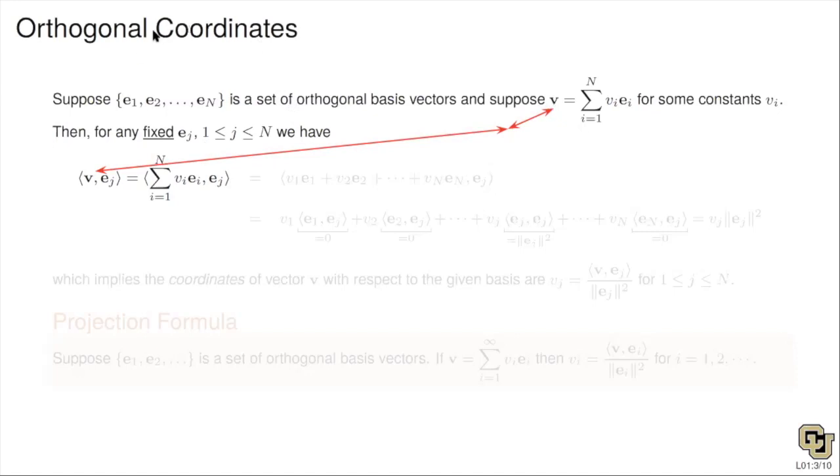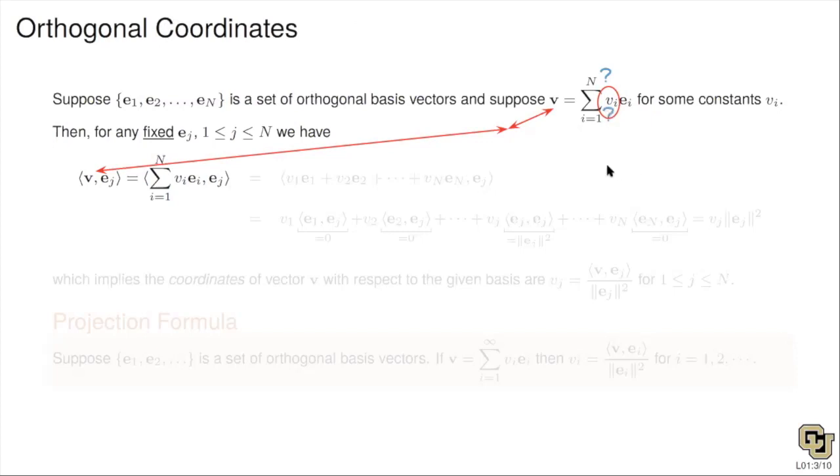We have this vector v that's written as a linear combination, and I'm trying to find a formula for the coordinates, these scalars right in front. We can guess the formula from the previous example, but right now we don't know a formula for that scalar right in front.